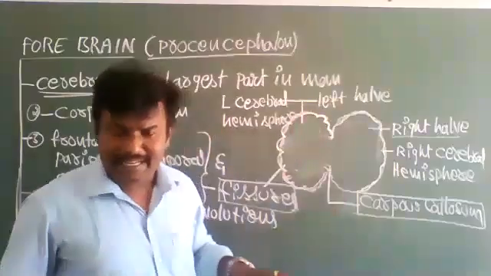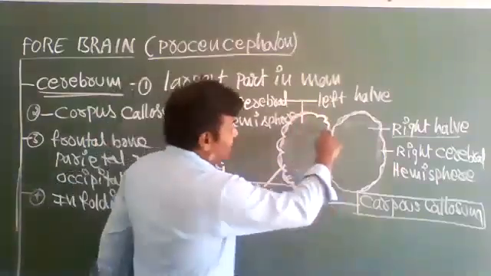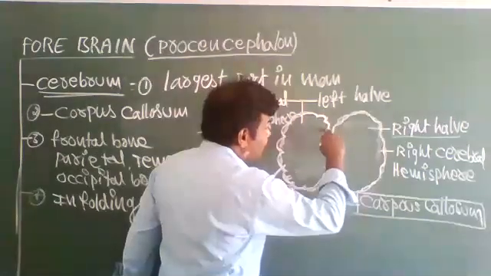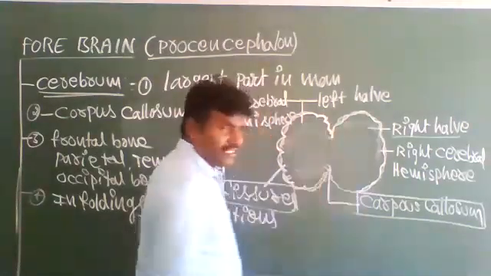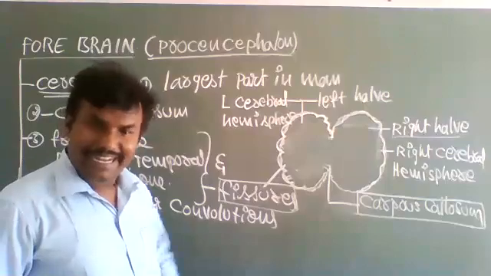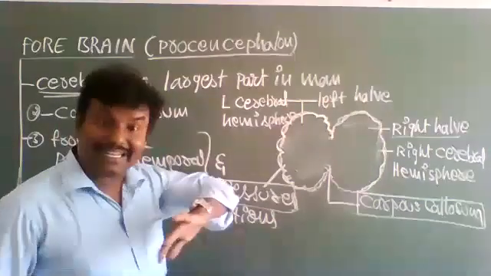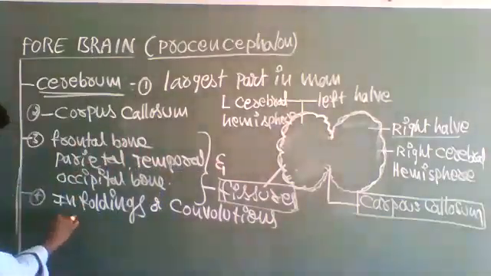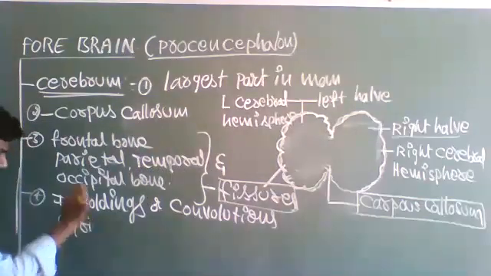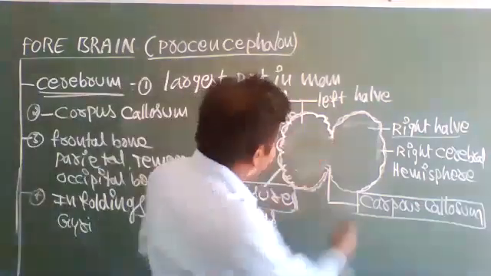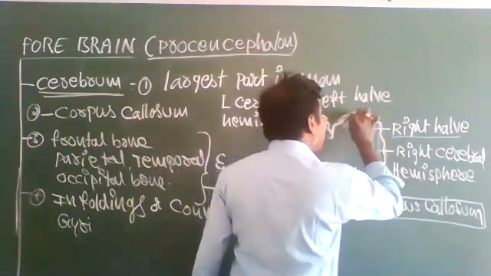Cerebral hemisphere consists of numerous infoldings or convolutions. Ridges, convolutions, nothing but ridges. Those are called gyri. So see, numerous infoldings are convolutions.